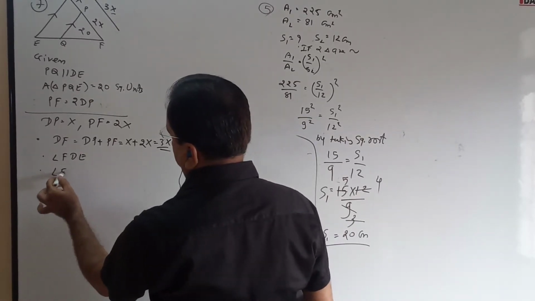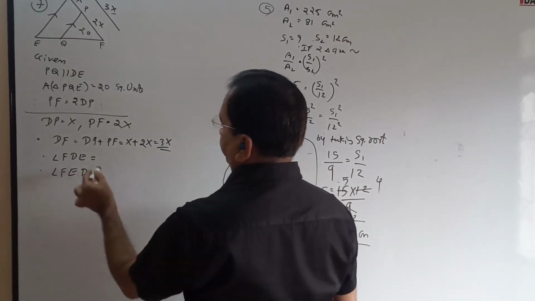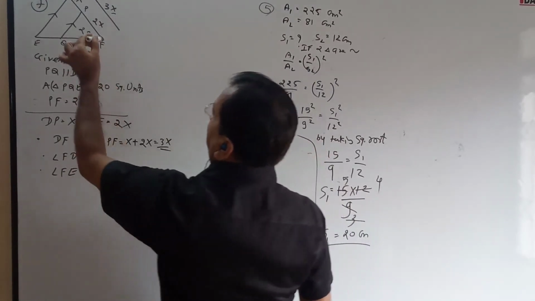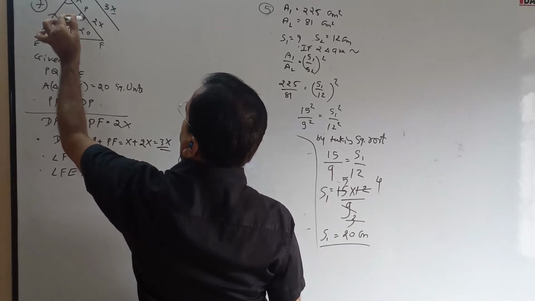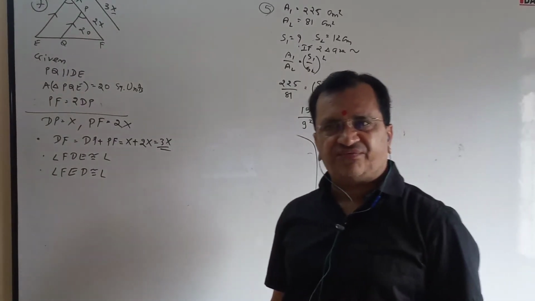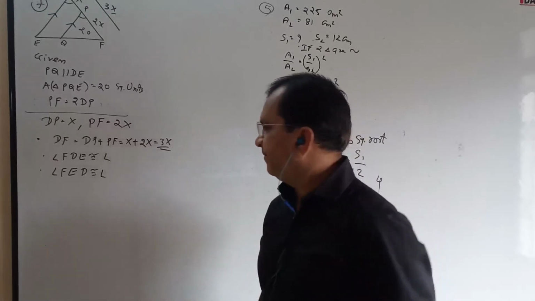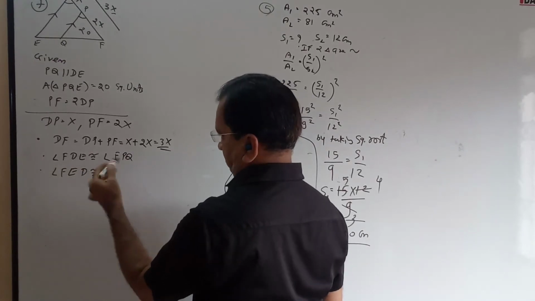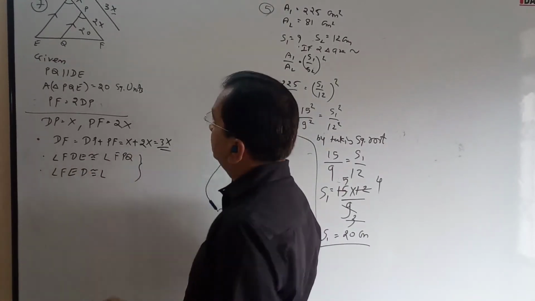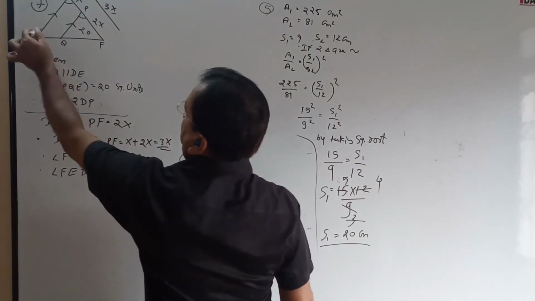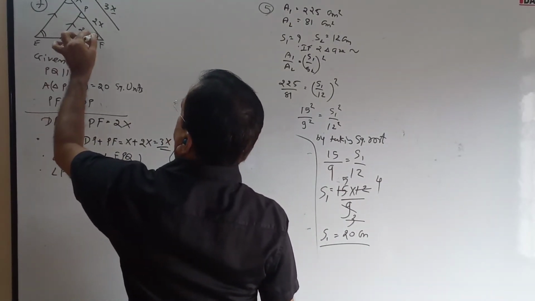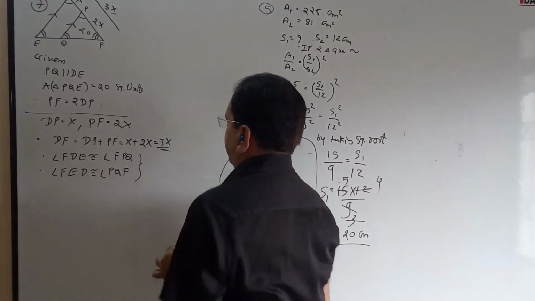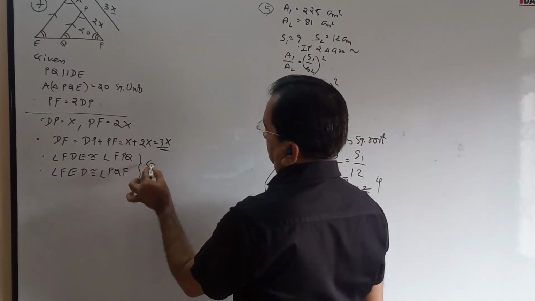FED is equal to how much? Means congruent to what? FDE, FDE. This equal to this. Why? F means corresponding. So FPQ. This is an activity question. Then FEQ, second to second. So this third is common. So PQF, corresponding angle test.